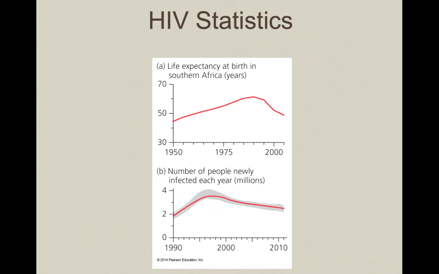You can see in South Africa, there were steady increases in life expectancy until fairly recently, and this may be attributed to an increased abundance of individuals infected with HIV, leading to a decrease in life expectancy. These are not on the same scale, but at about the same time period you see the peak of infections in South Africa, we see a decline in life expectancy.